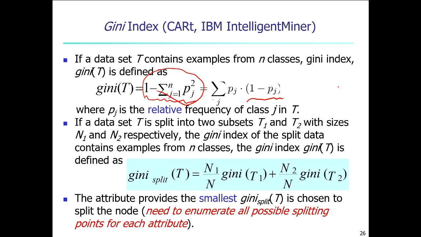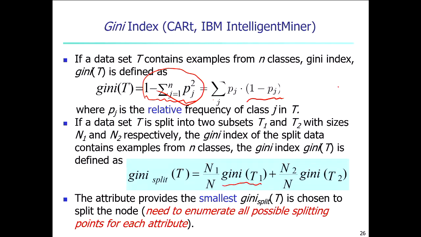And now we consider if we split a data set T into two subsets, T1 and T2, with the size N1 and N2, then the Gini index after this splitting. Similar to what we do when we compute the information gain, we also calculate the expectation.